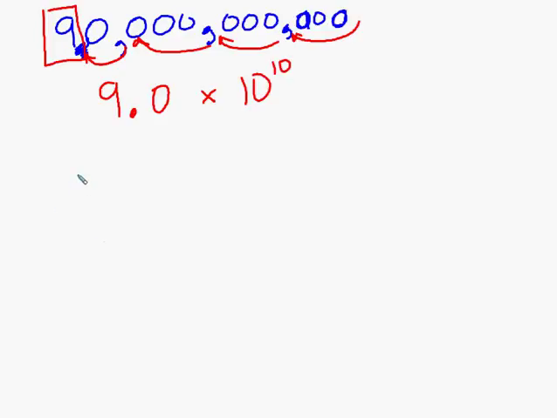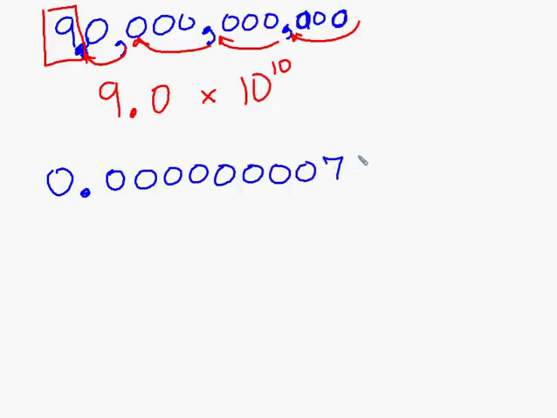All right, let's do some small numbers. This time I'm going to go the other way because the number's small. When the number's big, my exponent is positive.